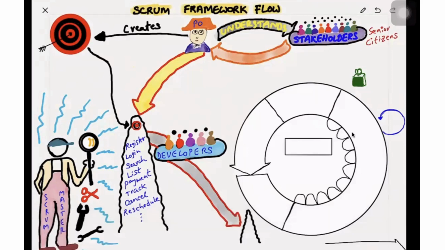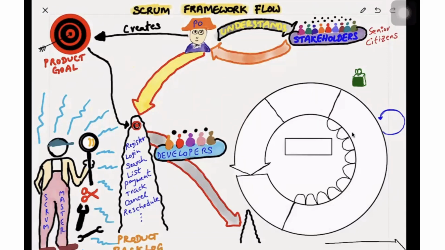A product goal is a long-term objective, which explains what problem you are going to solve and for whom, all this high-level information. The product goal will be created in the product backlog, which is the first artifact.